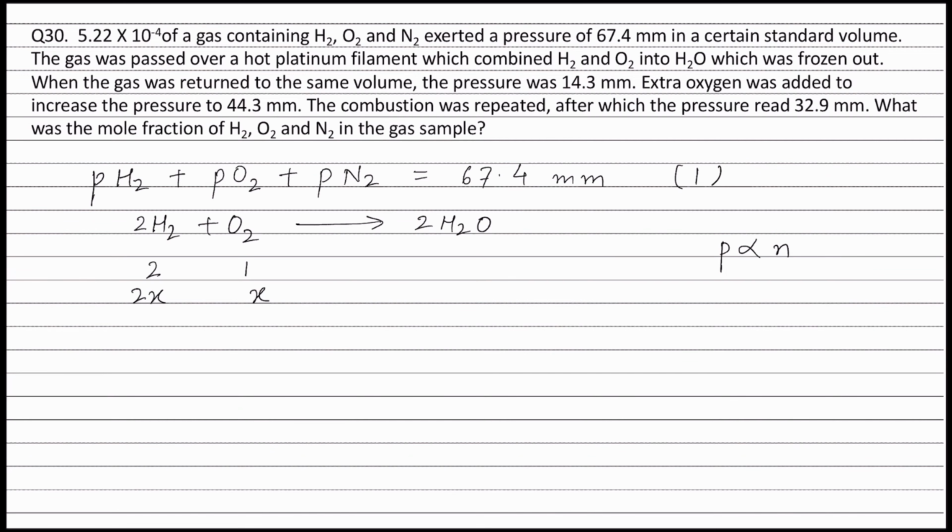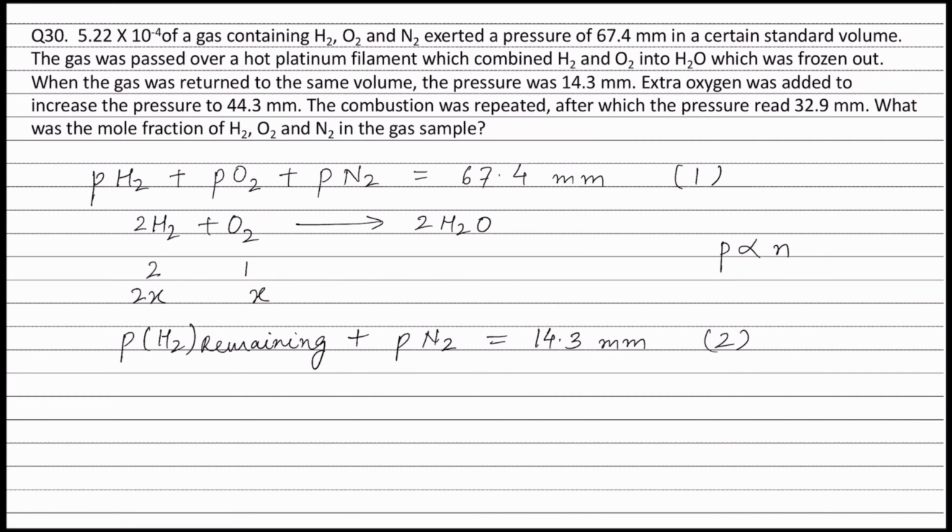After this reaction, the partial pressure of remaining hydrogen plus the partial pressure of nitrogen is equal to 14.3 mm. Let this be equation 2. Oxygen is used up in the reaction with hydrogen to form water.